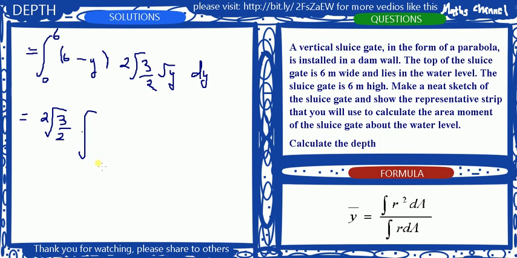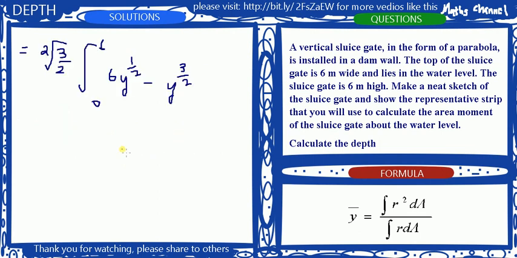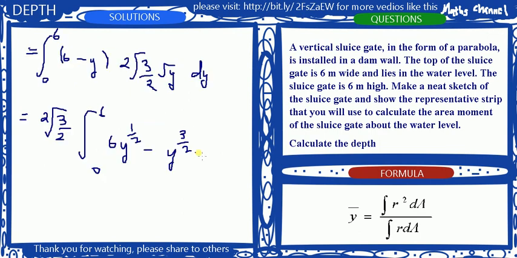So we'll multiply inside by the root y root y, so we'll have something like... and then dy.